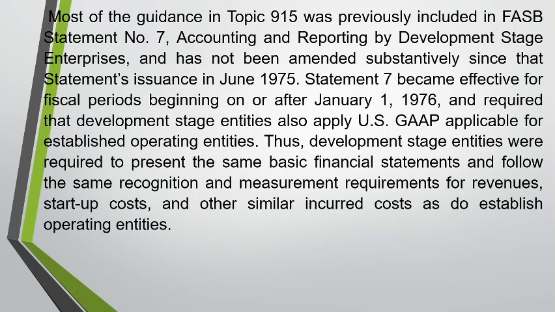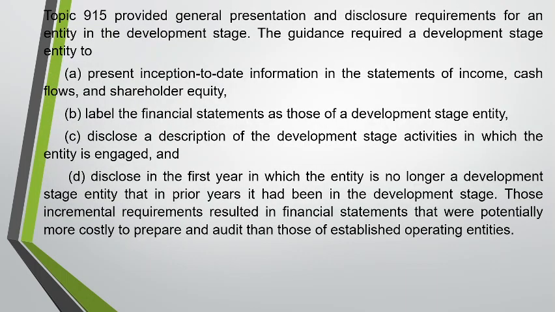It required that development stage entities also apply US GAAP applicable to established operating entities. Thus, development stage entities were required to present the same basic financial statements and follow the same recognition and measurement requirements for revenues, startup costs, and other similar incurred costs as established operating entities.